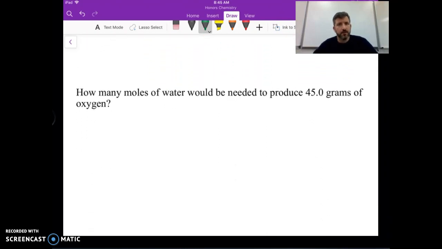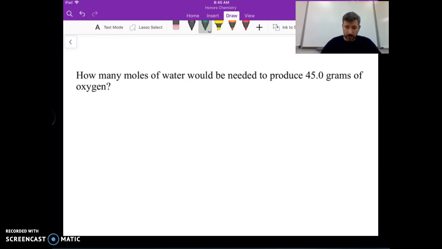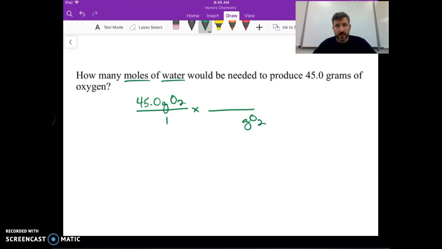What if we're trying to produce 45 grams of oxygen? All right, so this is a little bit more complicated. I'm starting with grams this time. And so I know I need to get rid of grams of oxygen. Now I want moles of H2O, so I'd like to put that on the top.